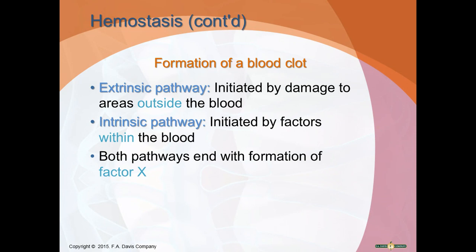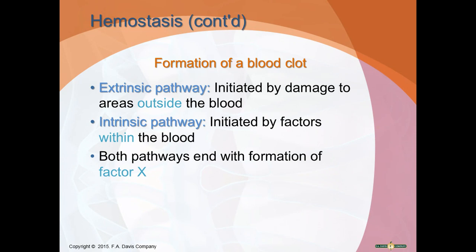Blood clotting, coagulation, involves a complex series of chemical reactions using proteins called clotting factors. The first several reactions vary, depending on whether the process has been stimulated by factors either inside, intrinsic, or outside, extrinsic.